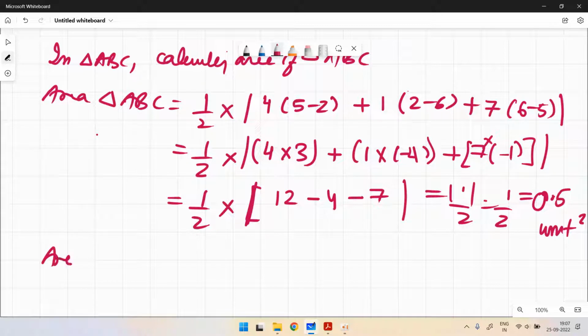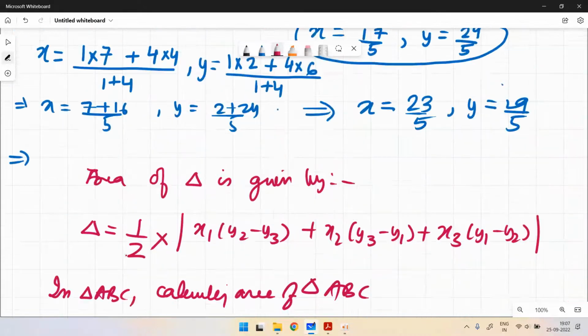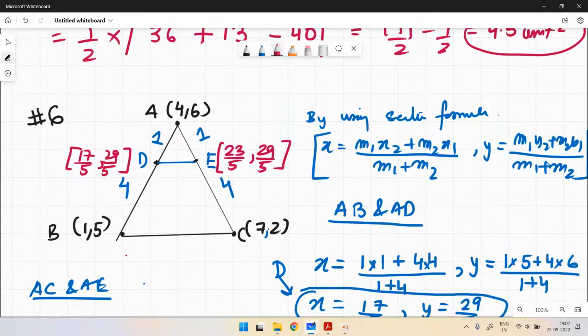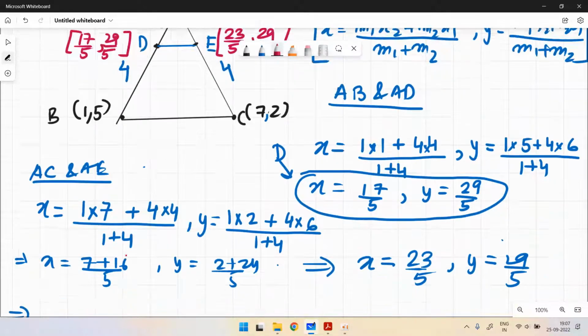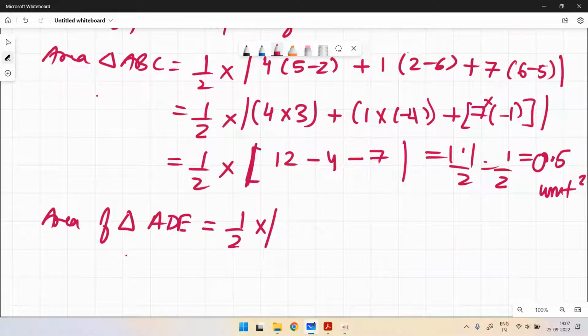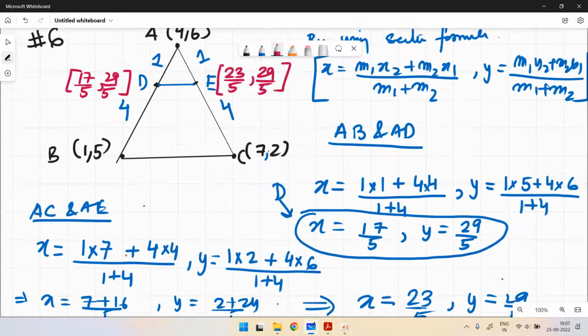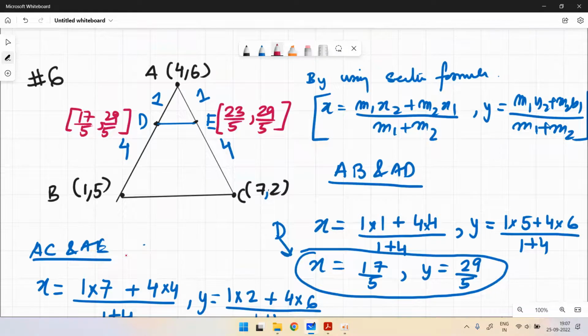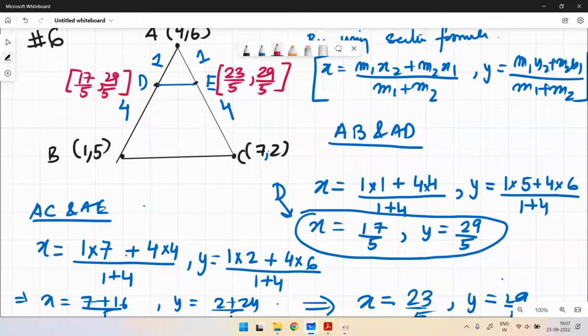Now calculating the area of triangle ADE is half into, so moving up you can see that A is 4, 29 by 5 minus 29 by 5, plus this is 1 minus, this is B, sorry, this is 17 by 5, this is 29 by 5 minus 6.